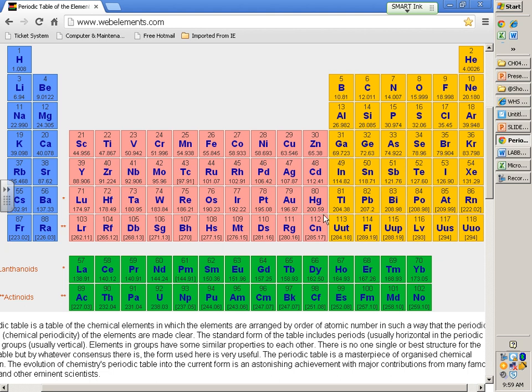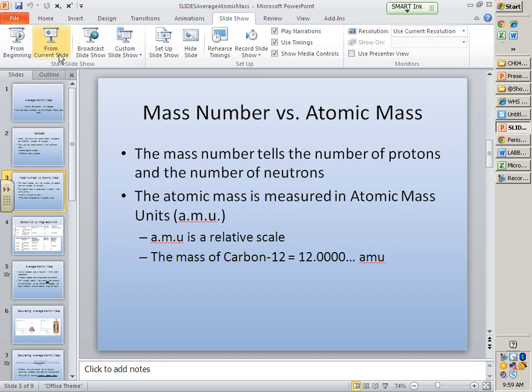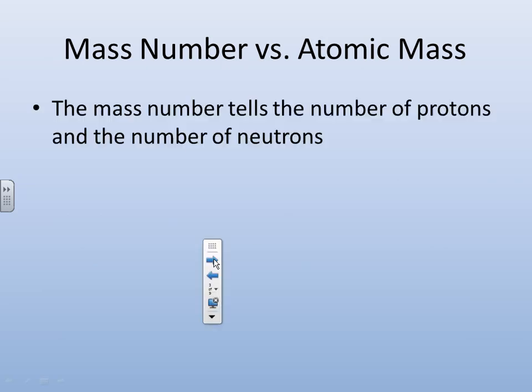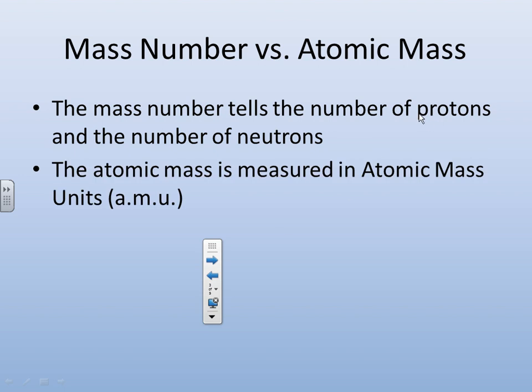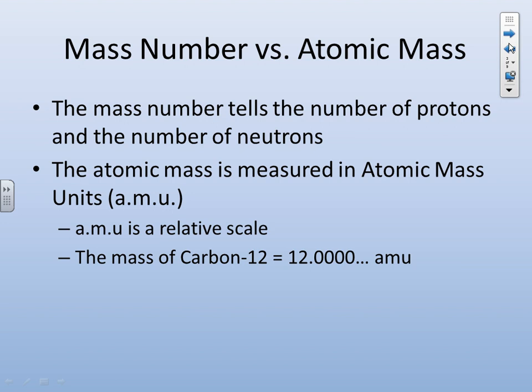So this number here on the periodic table, the other number on the periodic table, not the atomic number, like for platinum, this number right here, obviously can't be a mass number. It's got to be something else. And that something else we refer to as the average atomic mass. But first, we have to talk about atomic mass before we talk about average atomic mass. Okay? So write these things down, and then we'll talk about what they mean.